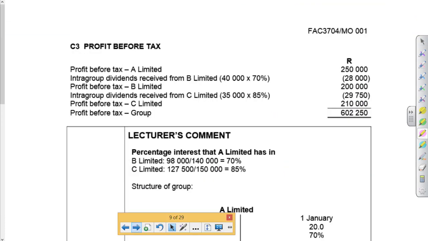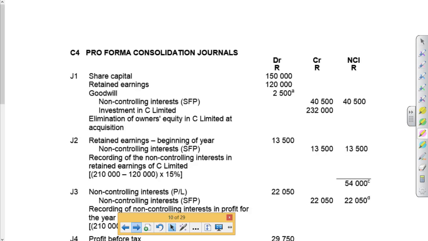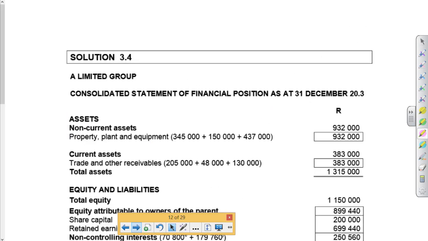Okay, so that's the first example, example 3.3, which is an example of a vertical group where the dates are sequential, and so therefore there are two acquisition transactions.